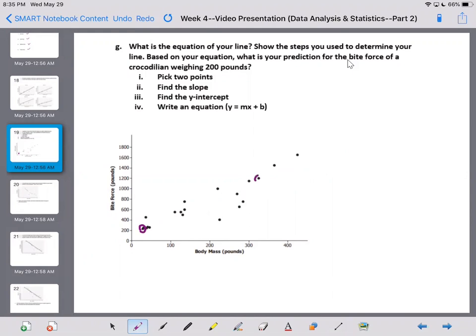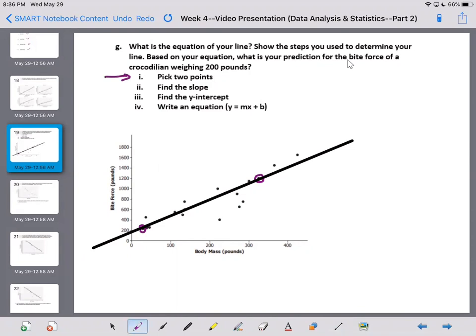Maybe this one here, where we could try to see if that line would go through. If I wanted to use those 2 points to create that, so I'm picking 2 points. That's my first part there.